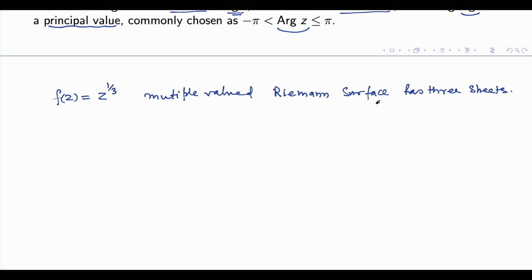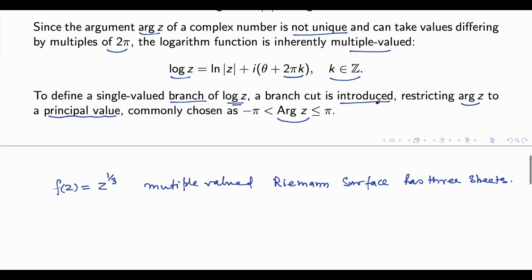Similarly, the logarithm has infinite sheets. You got it?